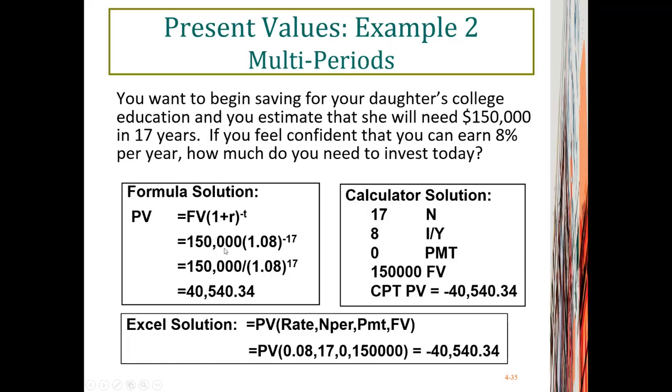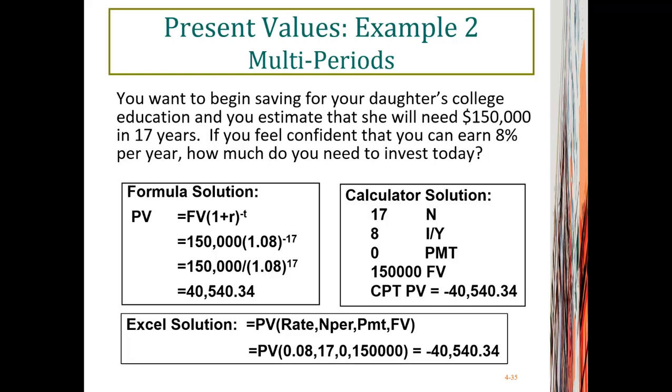In the future, you will need $150,000, that's FV. Then you discount $150,000 by using 8% as the interest rate, and you need to do discounting for 17 periods, and the PV equals $40,540.34.